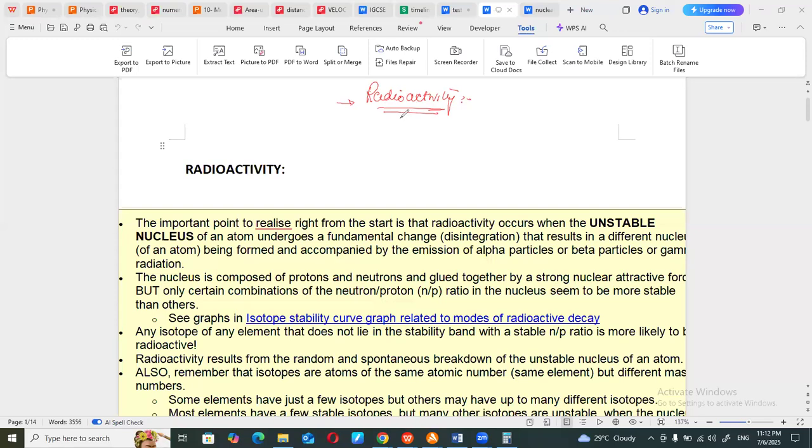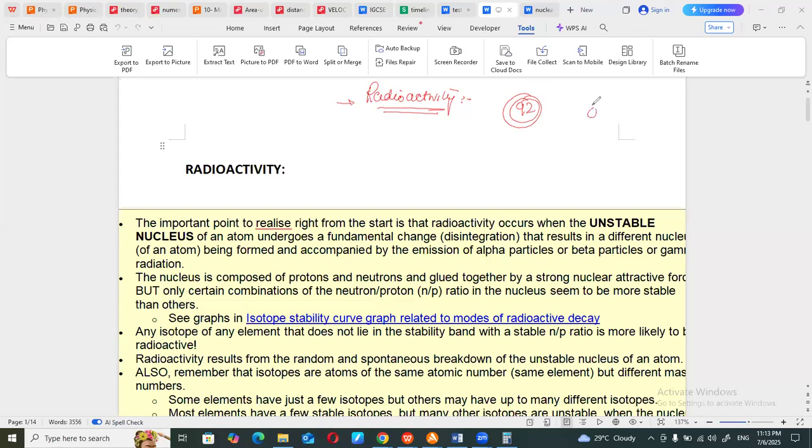I'm talking about why some radioactive materials have a radioactive tendency: those having a big atomic number, like 92. If you're talking about 92 proton number, it means there are 92 protons and 92 electrons, plus they have neutrons as well.